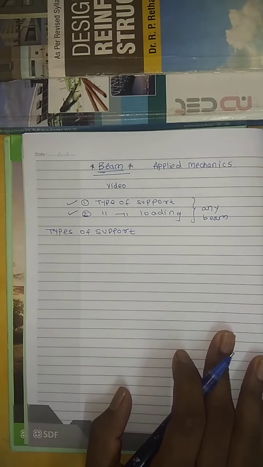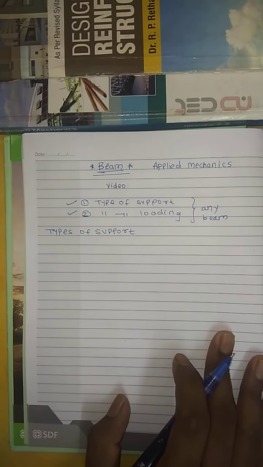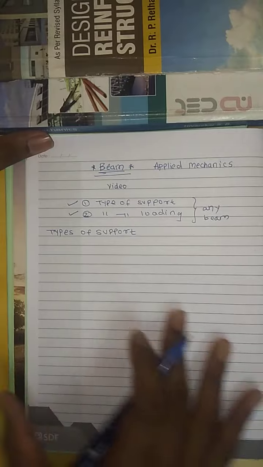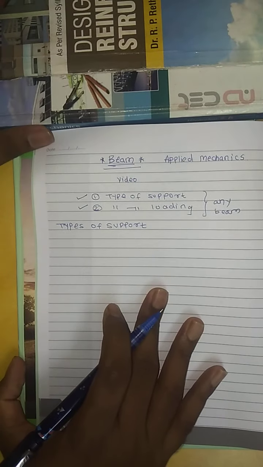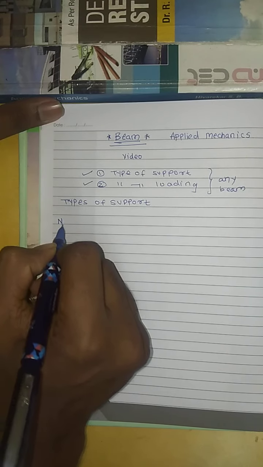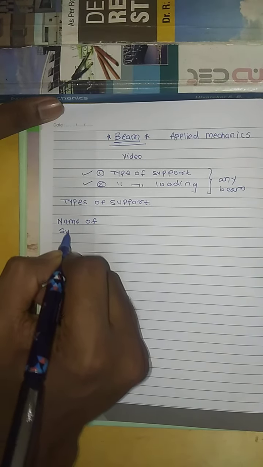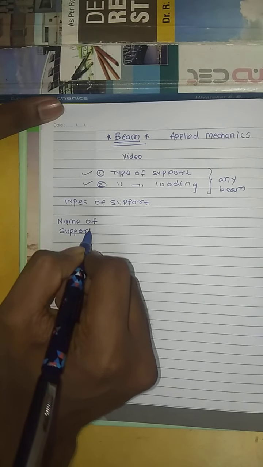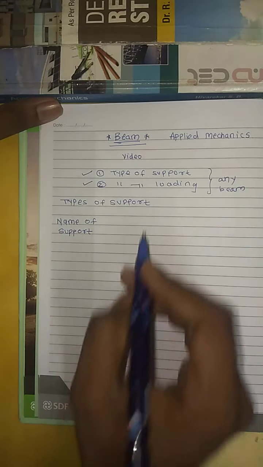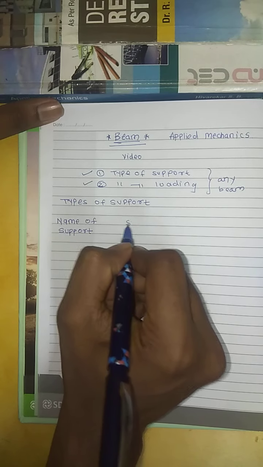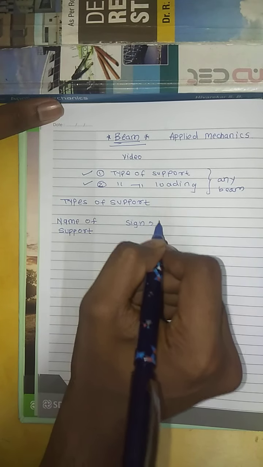Okay, so there are basically four types of supports we study in applied mechanics. Here I will write the name of support. Next, here I will show the sign of support.